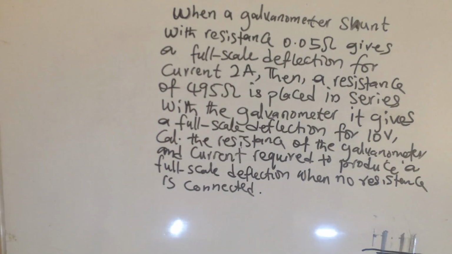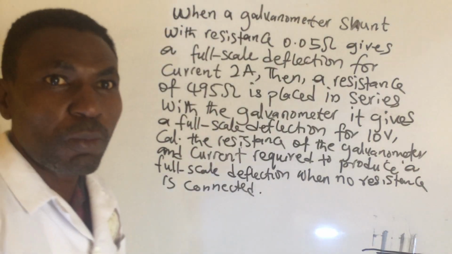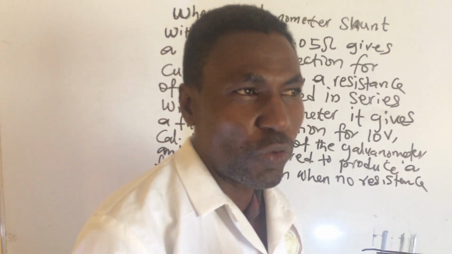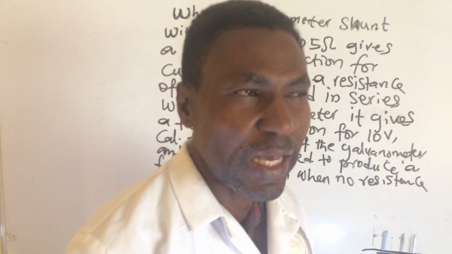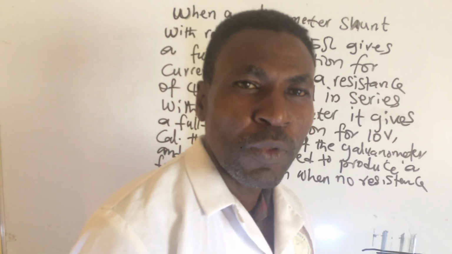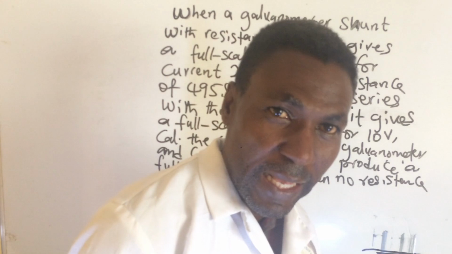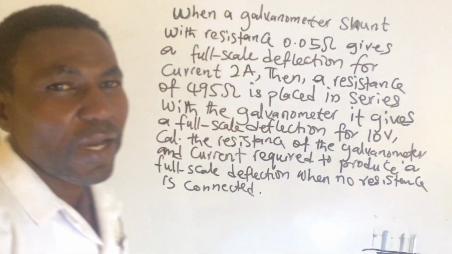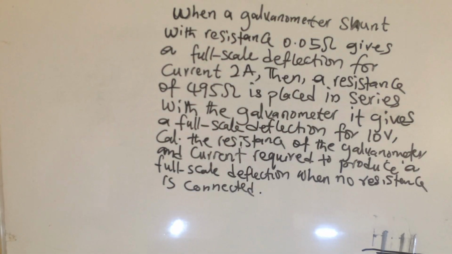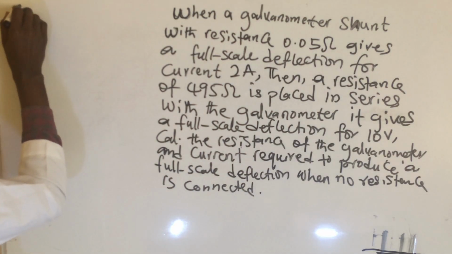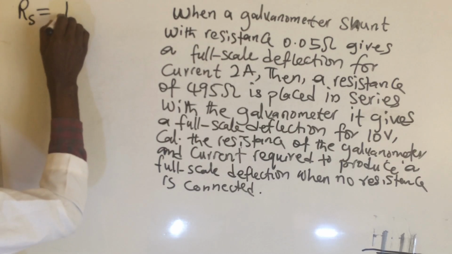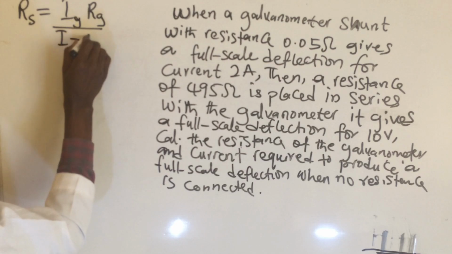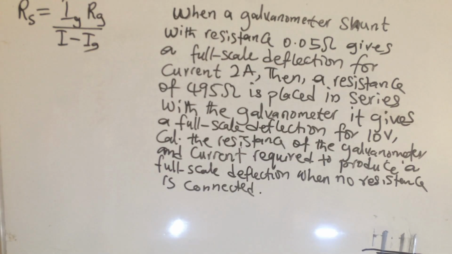We have introduced the formula to calculate the resistance of the shunt when you want to convert a galvanometer to an ammeter, and I have also introduced the formula to calculate the multiplier resistance when you want to convert a galvanometer to a voltmeter. Now we will write the formula. The formula says Rs equals Ig Rg all over I minus Ig.